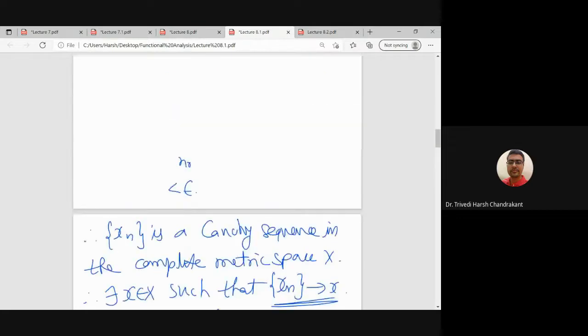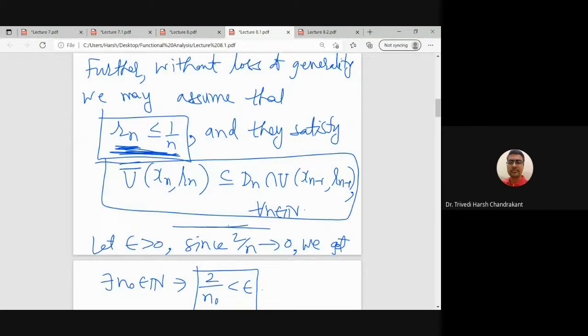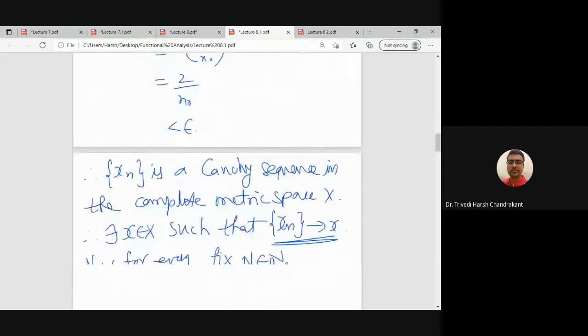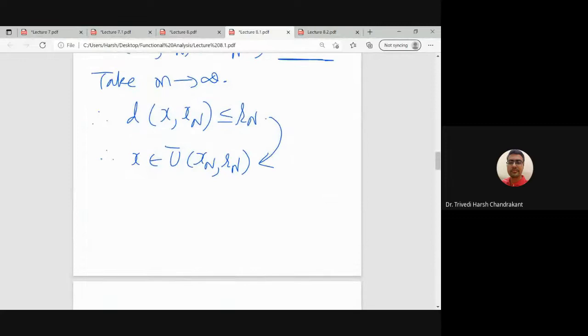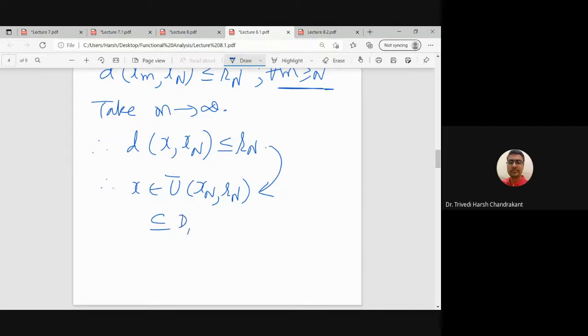Now we can use the closure property that we have assumed, the special property, that if we take the closure of the disk, then the closure of the disk is contained in DN intersection the open ball of xN-1 with radius RN-1. Here the closure is used because we are taking the limit. The limit is contained not in the set but in its closure. So that is contained in DN intersection the open ball of xN-1, RN-1.